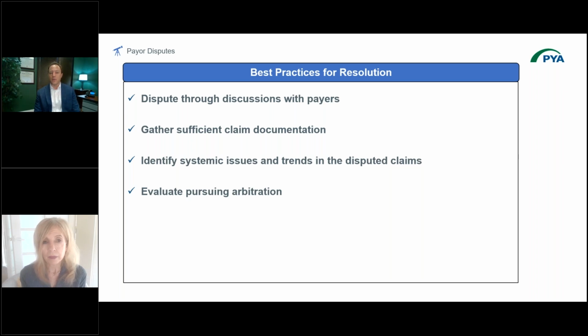Also, when you're evaluating the claims that you're disputing, you can categorize them after identifying the systemic issues and trends of the disputed claims. For example, Jane mentioned one of the common causes that we see in disputes is downcoding of inpatient DRGs or denials or underpayments of medically necessary services, and then also disputes due to payers' administrative policies.